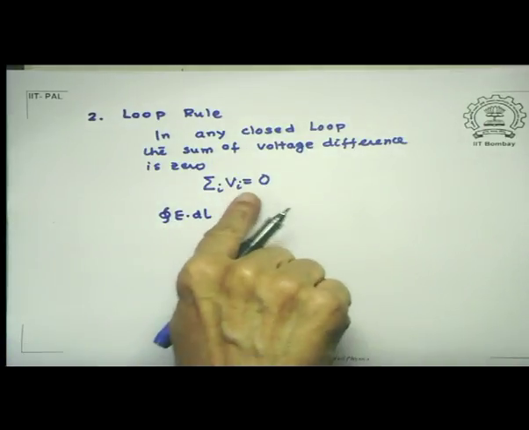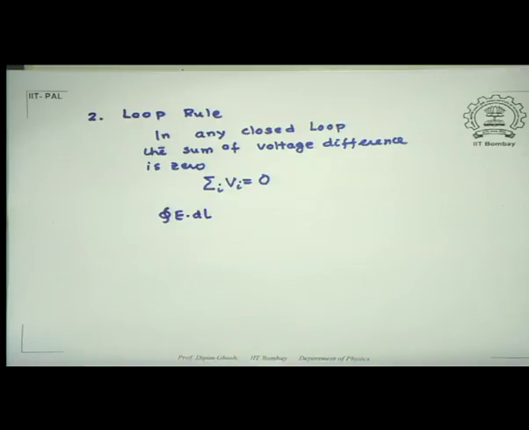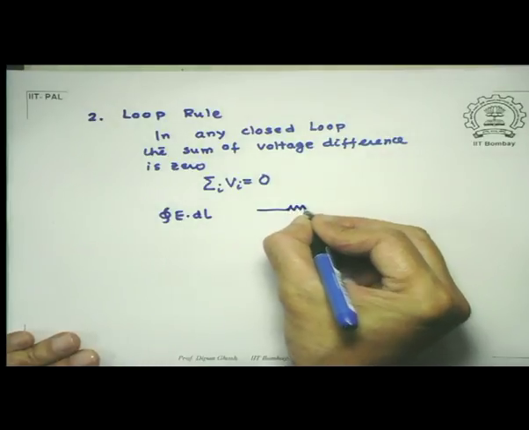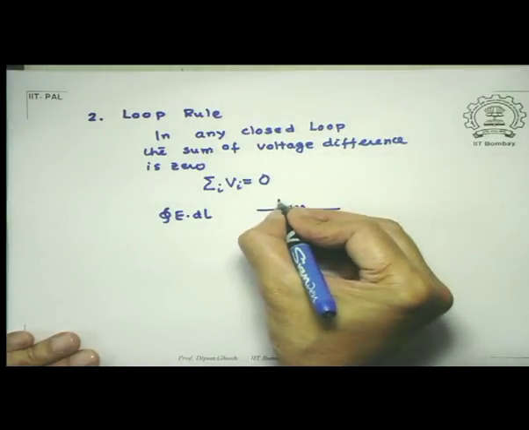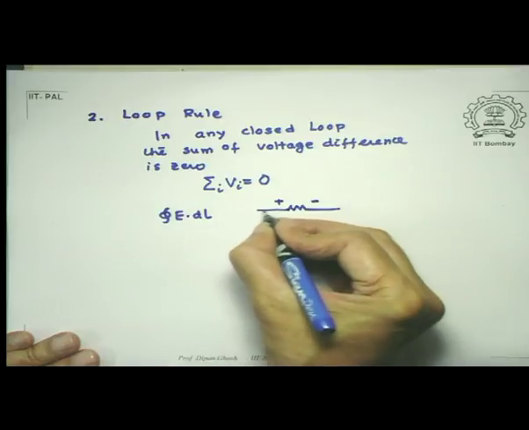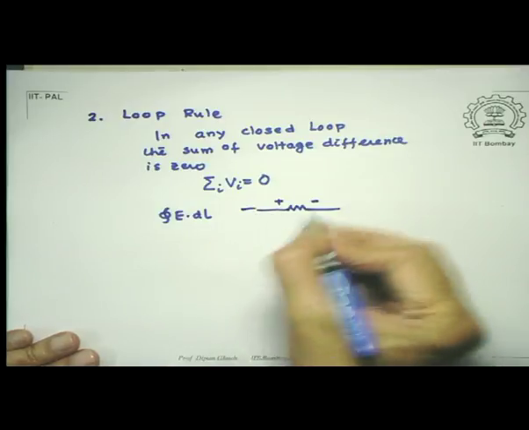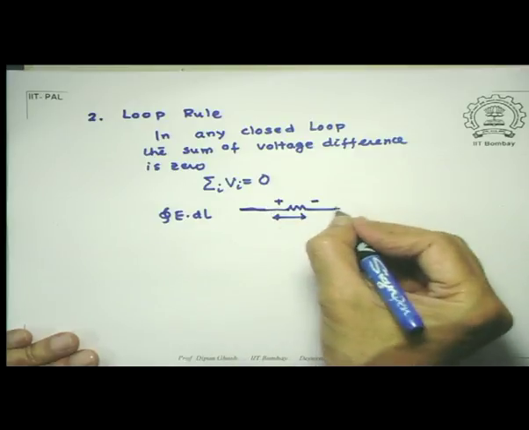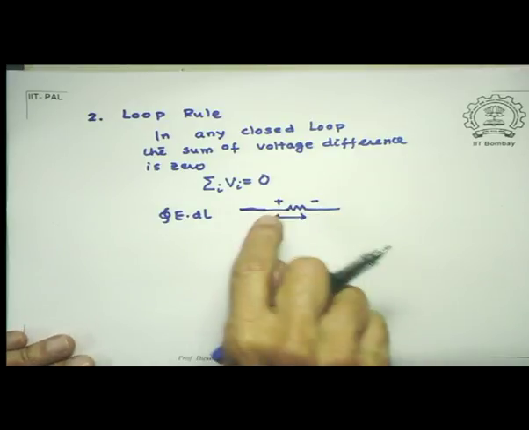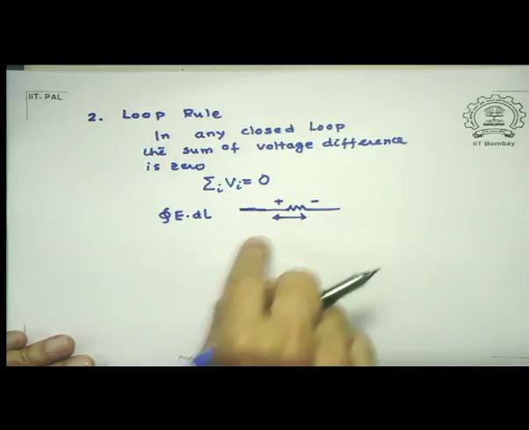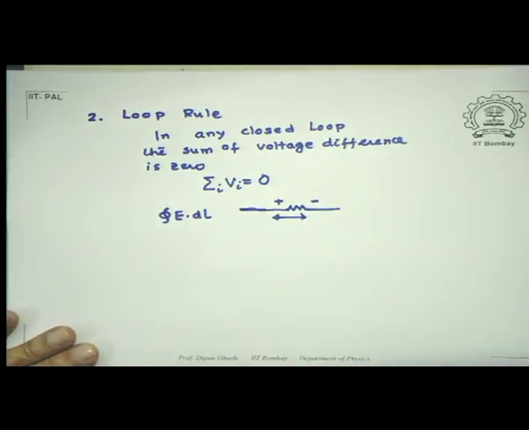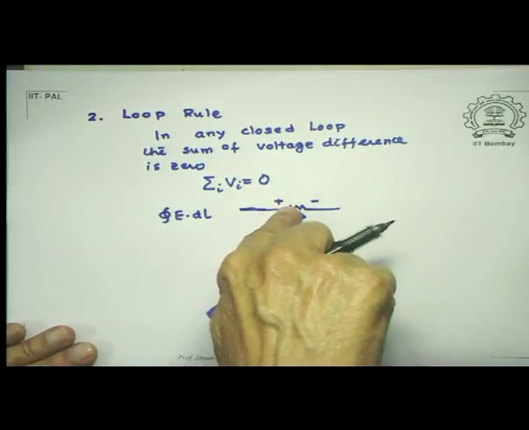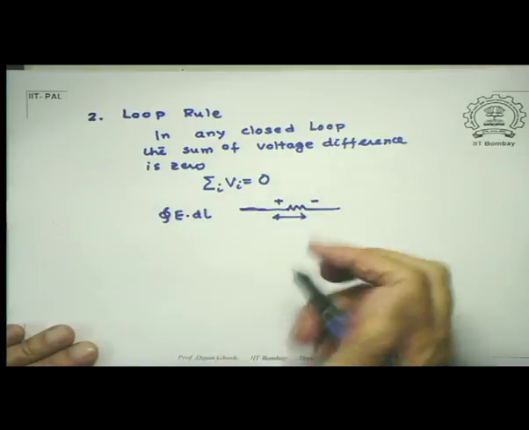and suppose I have a resistance, so this end is positive, this end is negative. This is in the sense that if the current is flowing like this, the direction in which the current is flowing is such that the positive end is connected to the positive terminal of the battery.